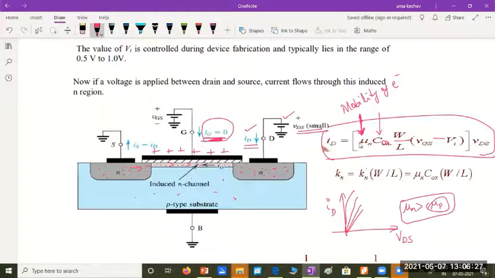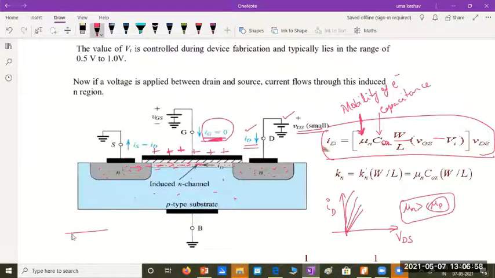It's a constant for a given MOSFET or for a given type of construction. Cox represents the oxide layer capacitance. Because of this oxide layer, I have metal on this side which is positively charged, and I have the channel on this side which is negatively charged, on either side of this silicon dioxide.